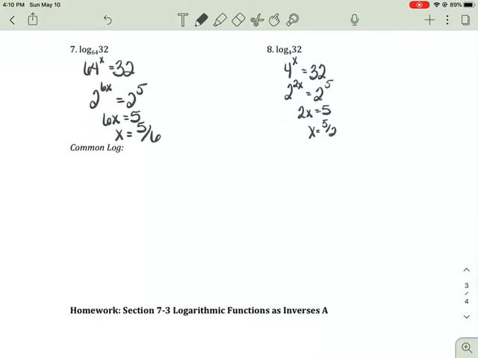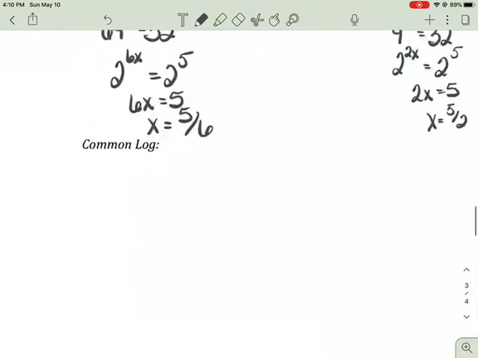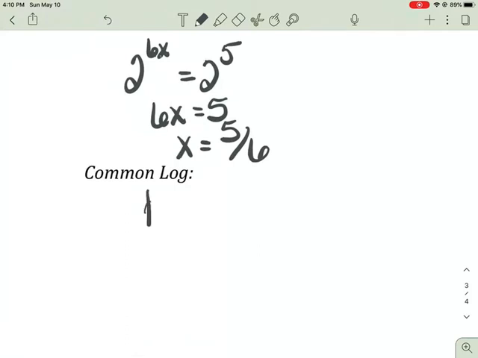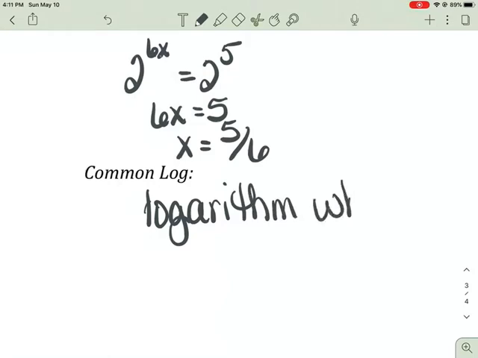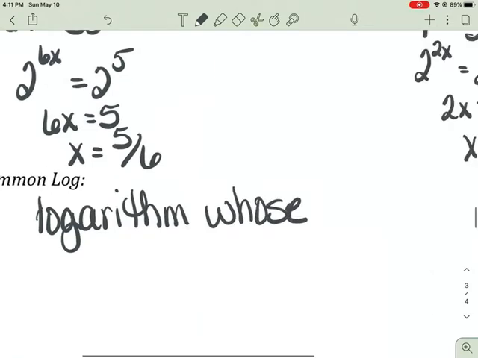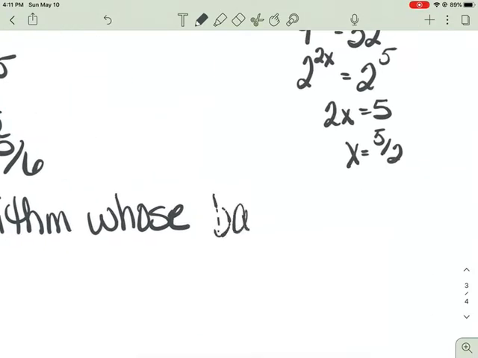Now, one more thing before we're done is that there's something called a common log. A common log is a logarithm whose base is 10. We usually don't write base 10 when we're dealing with it.